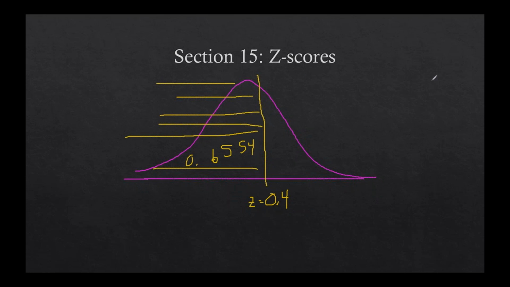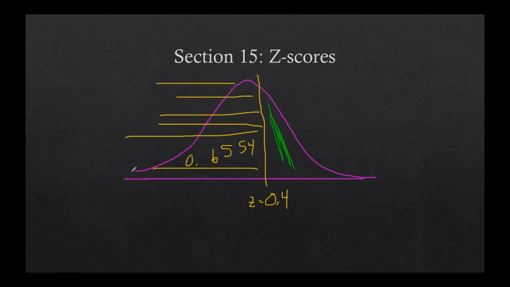So now I can say, okay, if I wanted to know the area on the right, how do I get there? We talked about it a little bit earlier in a different way, but same concept. Would you just do 1 minus 0.6554?